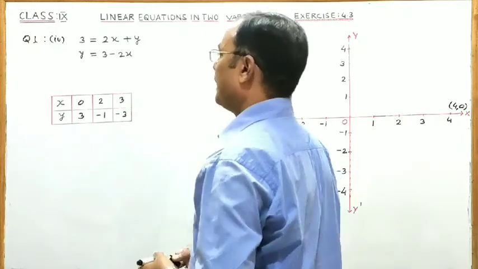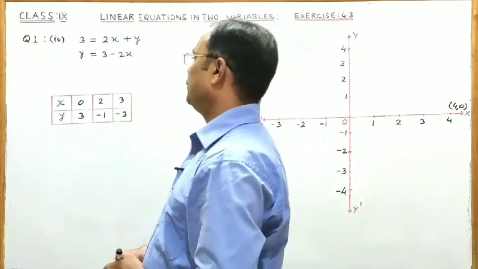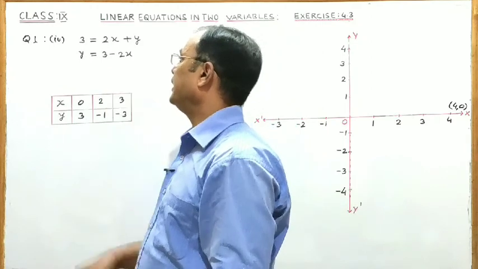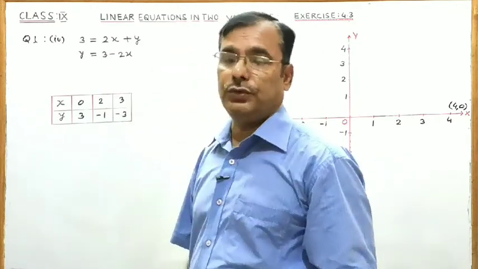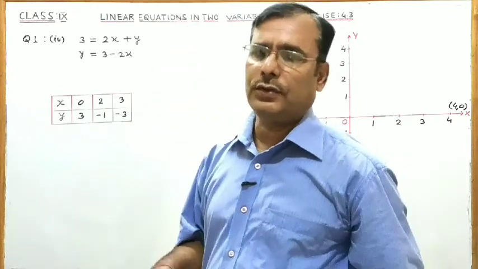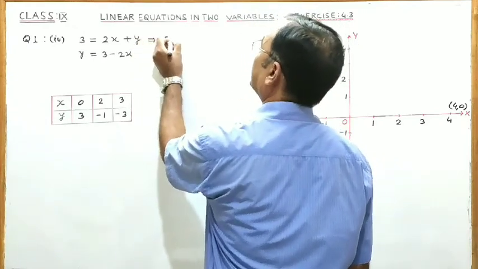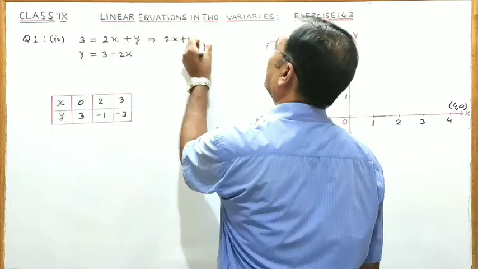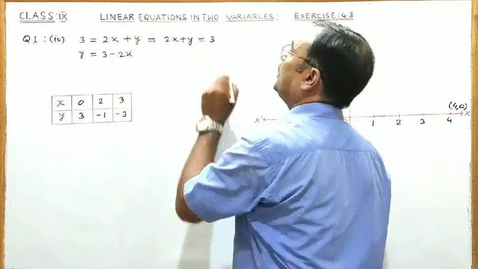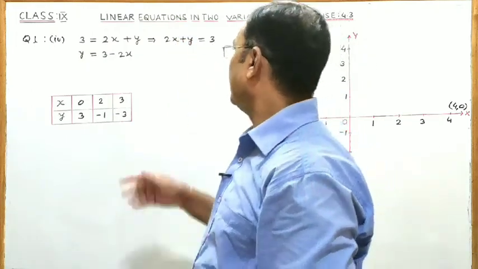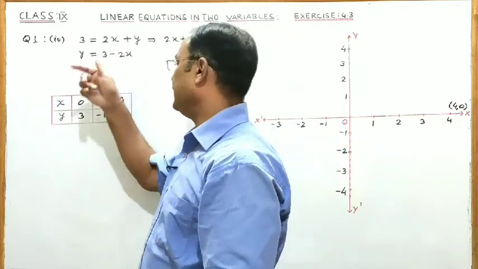So this way we have written three solutions of this given linear equation 3 equal to 2x plus y, or you can write this linear equation also as 2x plus y is equal to 3, and then y equal to 3 minus 2x.